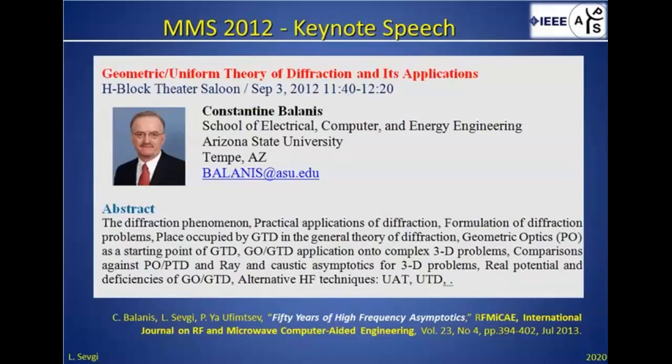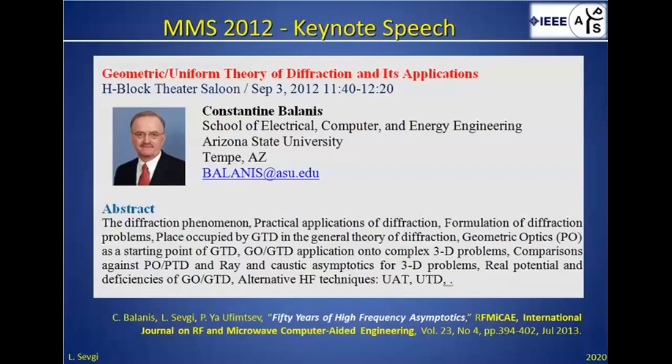So Ufimtsev spoke about PTD, and Balanis spoke about GTD, and I watched them fighting one another and enjoyed their presentation at that time. Then three of us, Balanis, myself, and Ufimtsev, we published a joint paper where we summarized 50 years of high-frequency asymptotics back in 2013.